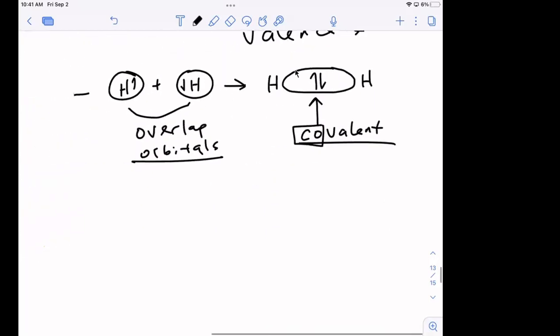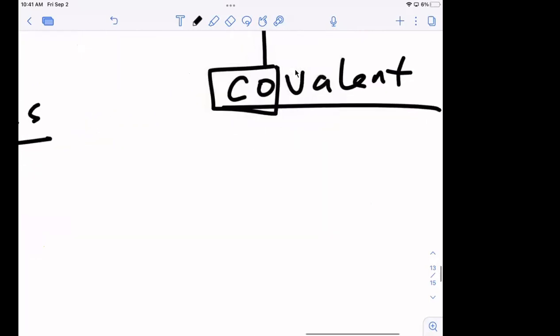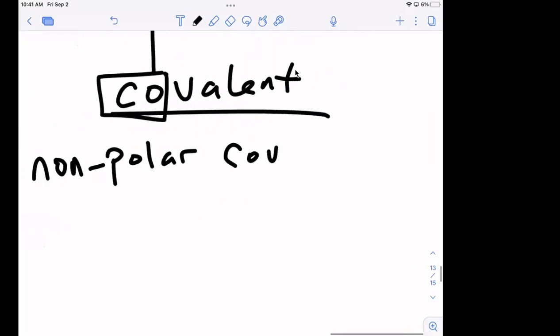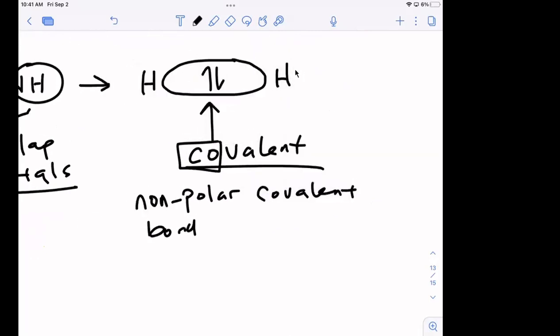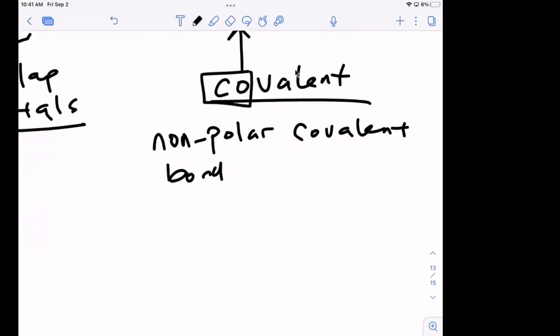This is an example of what we call a non-polar covalent bond. I think I told you this before, but it bears repeating. The way you determine whether a bond is a non-polar covalent bond is by the difference in electronegativity.